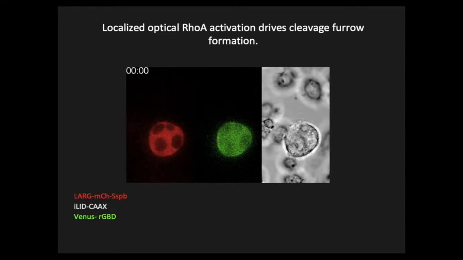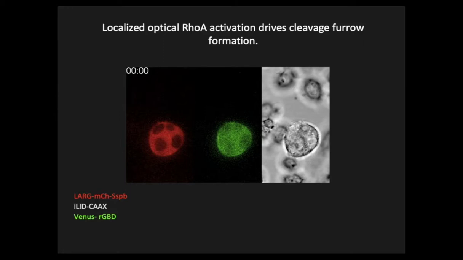First of all, we evaluate in our system whether the furrow formation was because RhoA activity was induced by our optogenetic construct. To check that, we use a RhoA activity sensor, rGBD, the Rhotekin GBD, which binds to RhoA-GTP, the activated RhoA form. Then we can look for activated RhoA localization.